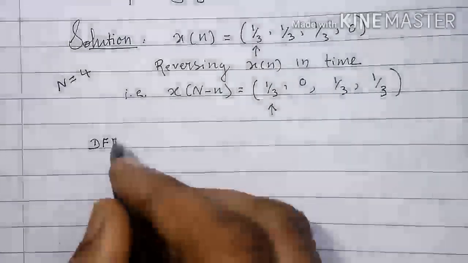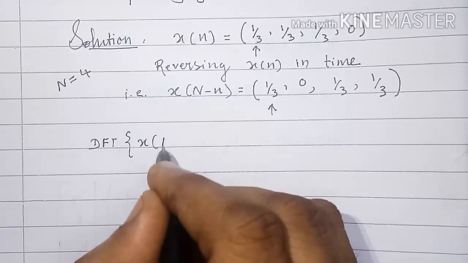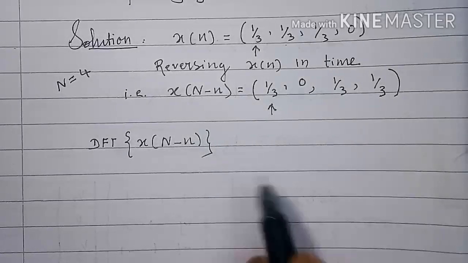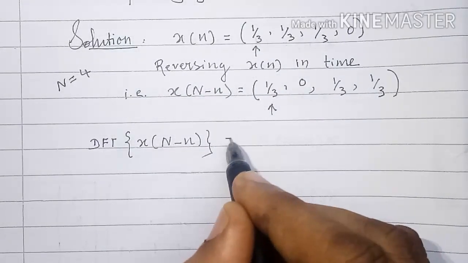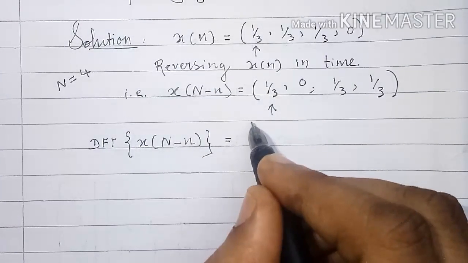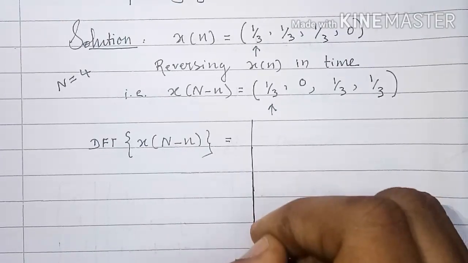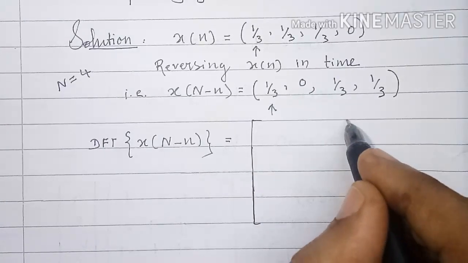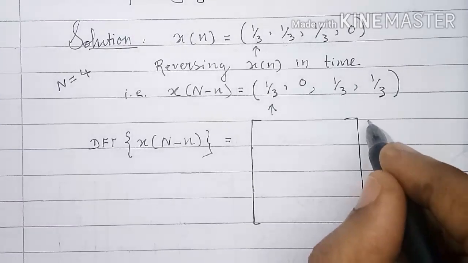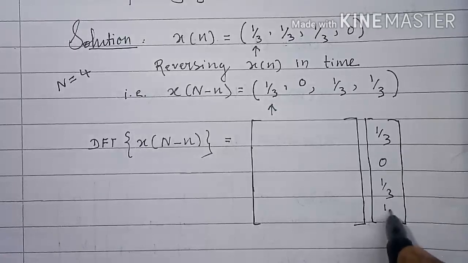DFT of x of N minus n is equal to multiplication of twiddle factor matrix with x of capital N minus n, that is 1 by 3, 0, 1 by 3, 1 by 3.